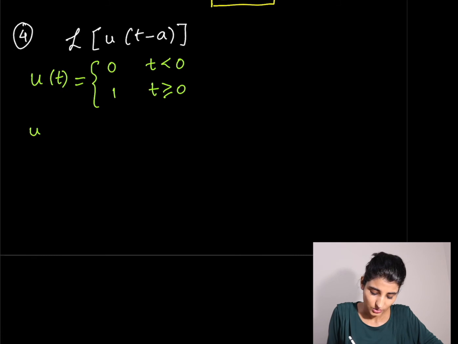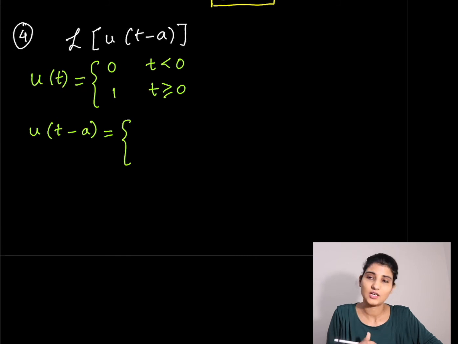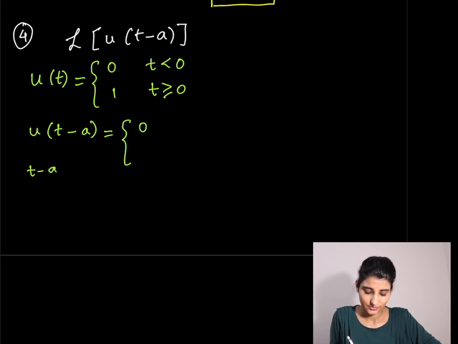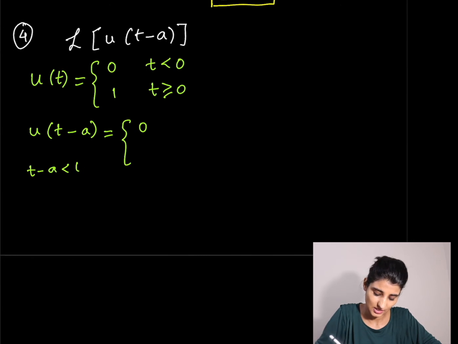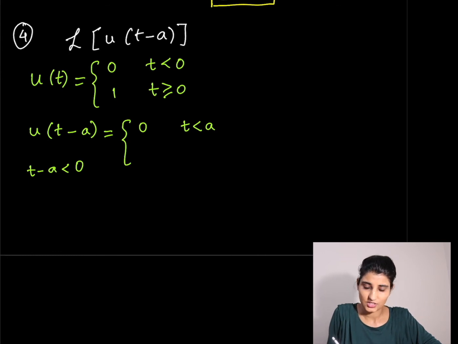Now we are going to use t minus a. This function is 0 if t minus a is negative. It means if t is less than a, then this function is 0. If t is greater than or equal to a, this function is 1.